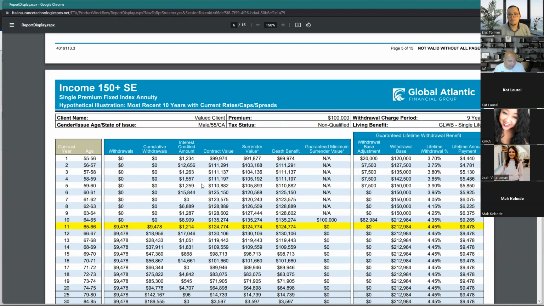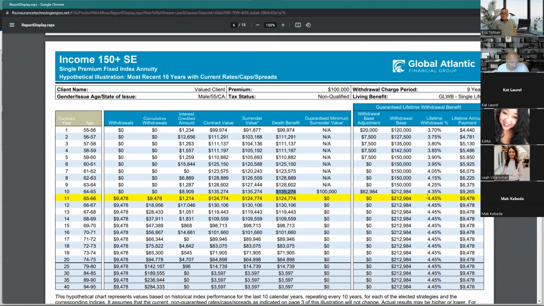But you'll notice here after 10 years, this is only at 135. Okay? But this one is at 212. If he passes away, does he get the 212 or the 135? He gets the what? He gets the 135 because that's the contract value. Now, if he decides to start lifetime income, you see here it's at 4.35%.